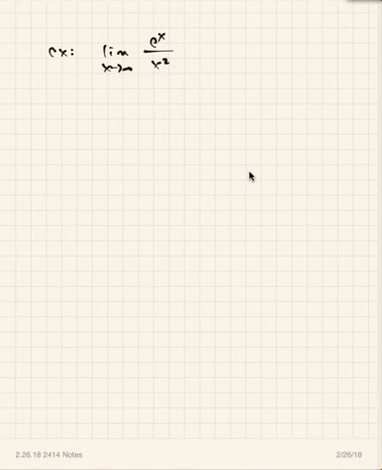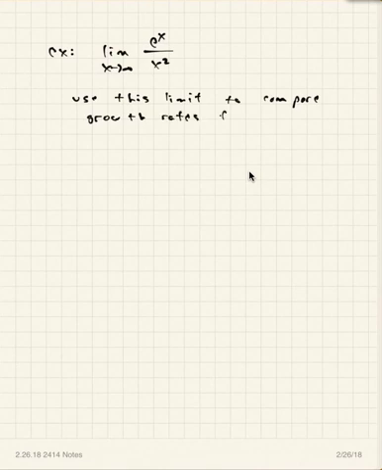And in particular, I'm going to use this limit here to compare growth rates for e to the x and x squared. And I say growth rates, but really relative growth rates. In other words, which one grows faster?